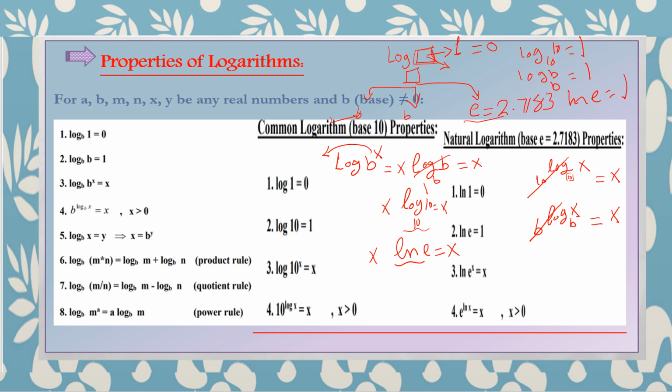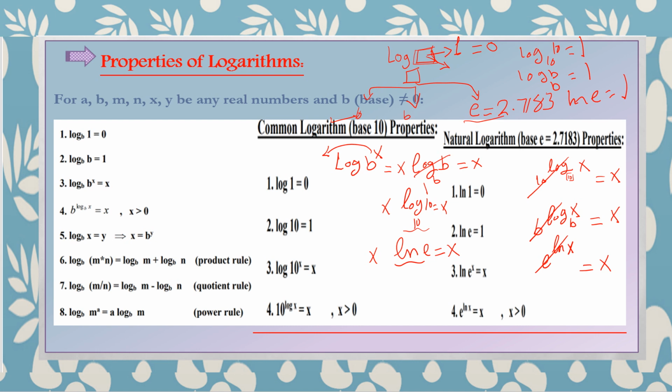And for e, when we have e to the power ln x, ln goes with e, and this equals x. So briefly, these are the main properties of logarithms.